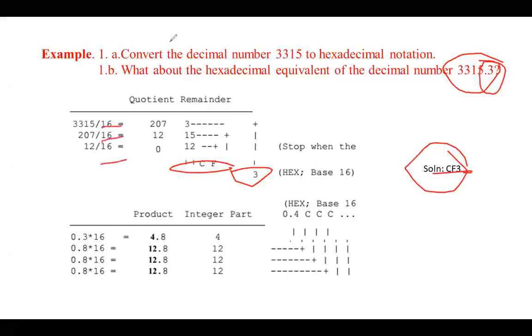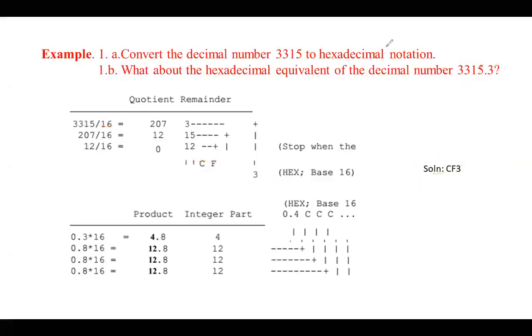So now what do we do for 0.3? To convert 0.3 or any decimal part, the first step is 0.3 times 16. How much will I get? 4.8. Now retain 4 as it is, take 0.8. 0.8 times 16 is 12.8.